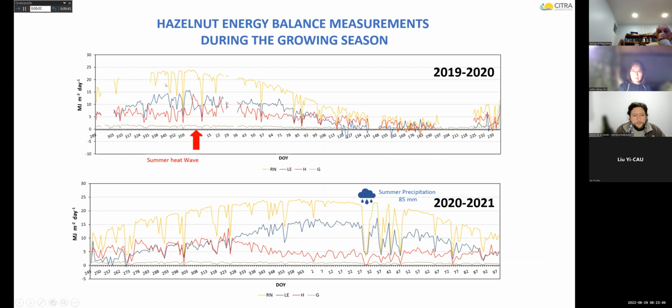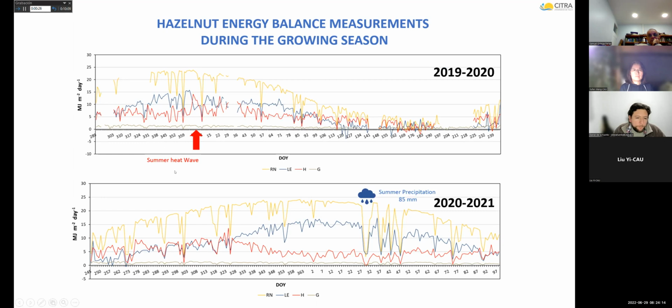And this is the hazelnut energy balance measurement during the whole season. In green for the 2 graphs, you can see the net radiation. The blue line is the latent heat flux, red is the sensible heat flux, and you can see here the soil heat flux.